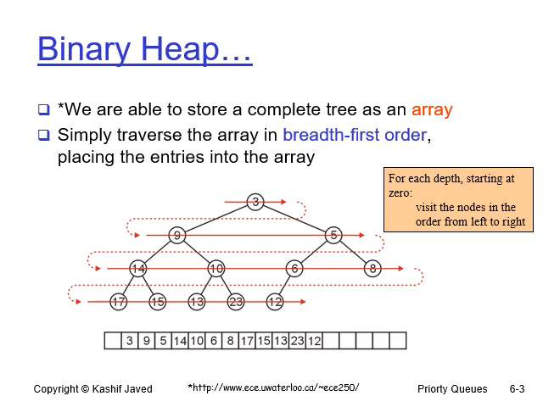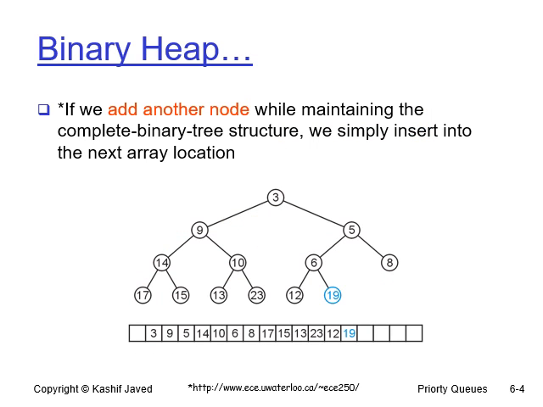So the binary heap, if this breadth-first order structure is followed, if you traverse it in this way, you can actually construct an array which is holding all the keys of your binary heap. So things have become very simple here. If I want to add another node in this binary heap, 19 will become the right child of 6. So simply I need to insert 19 in the very next available location, as you can see on this slide.